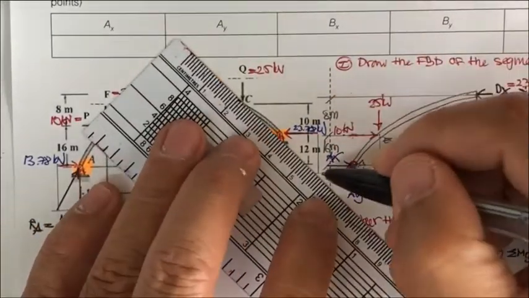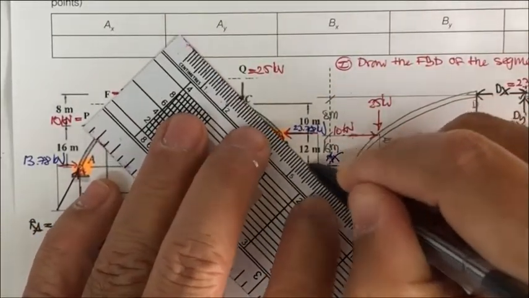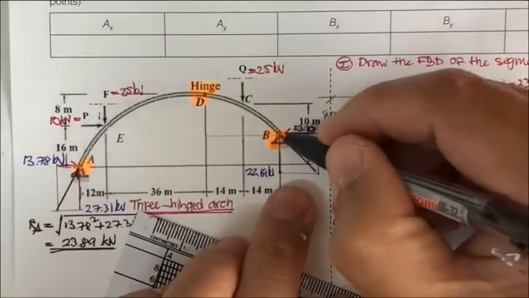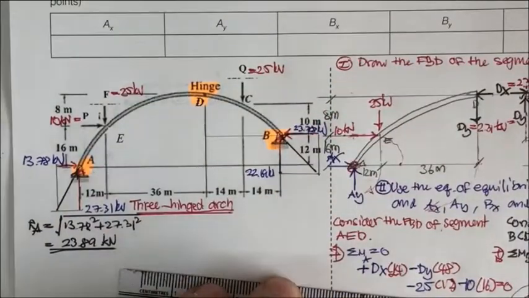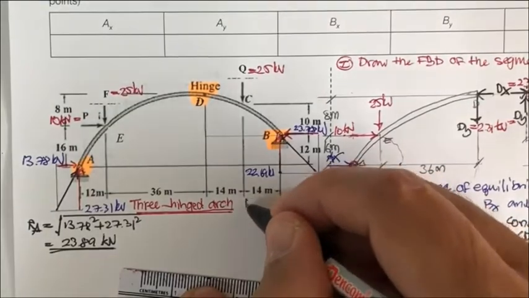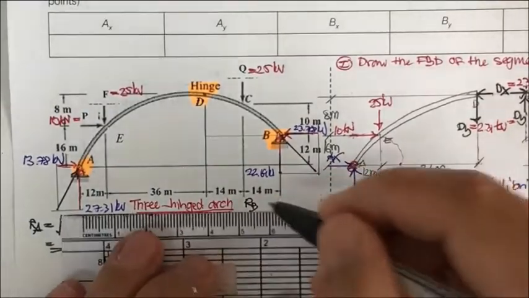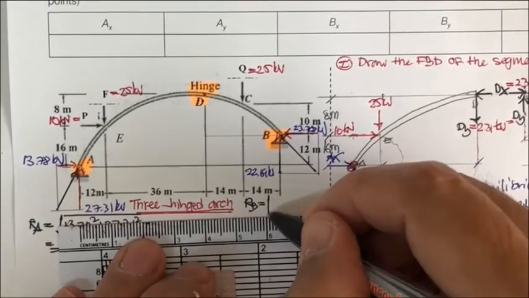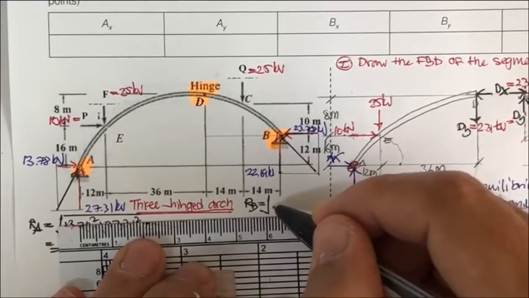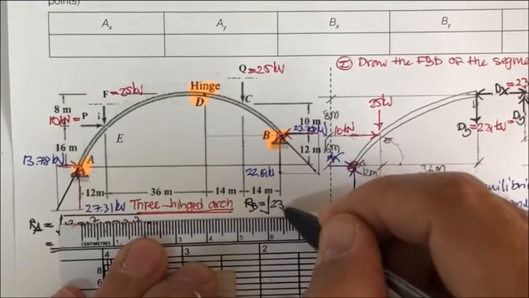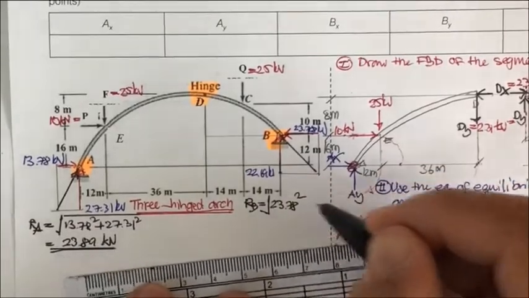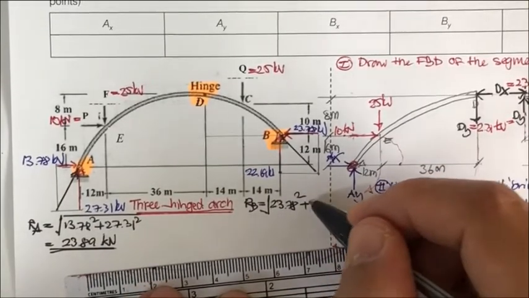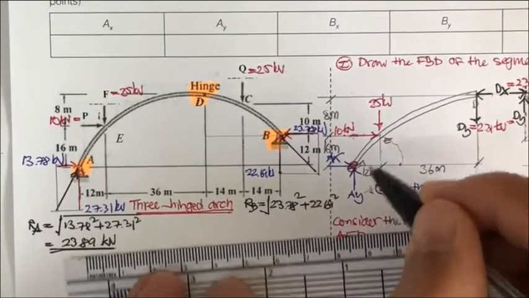For R sub B, you see it's going to be over here, and this is going to be R sub B. R sub B is going to be equal to the square root of 23.78 squared plus 22.69 squared.